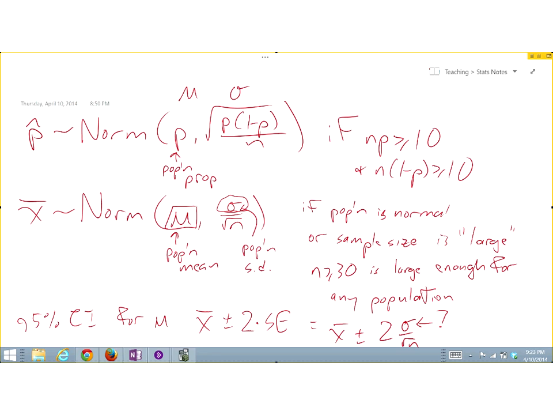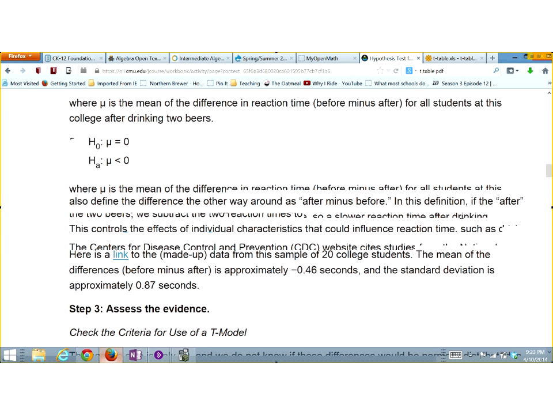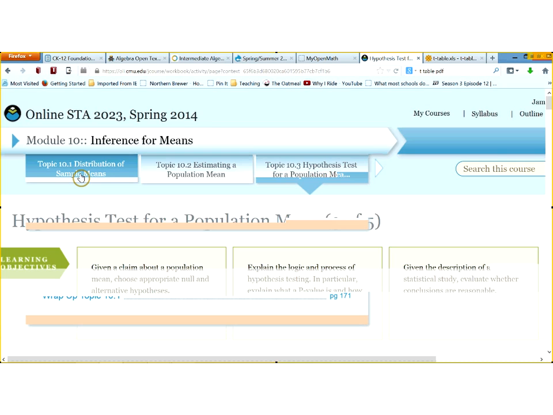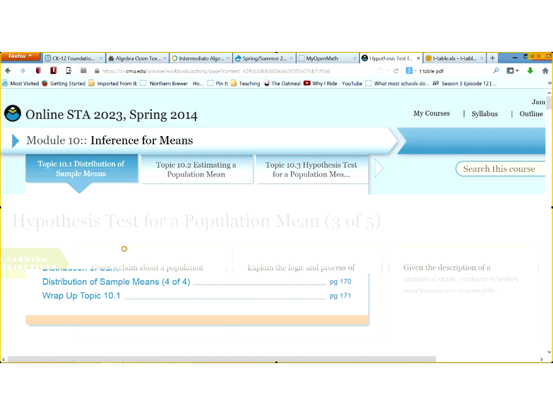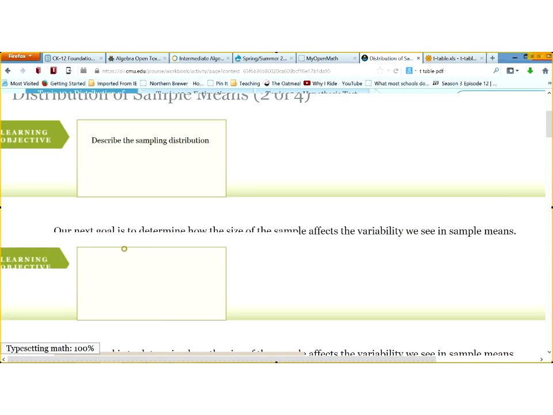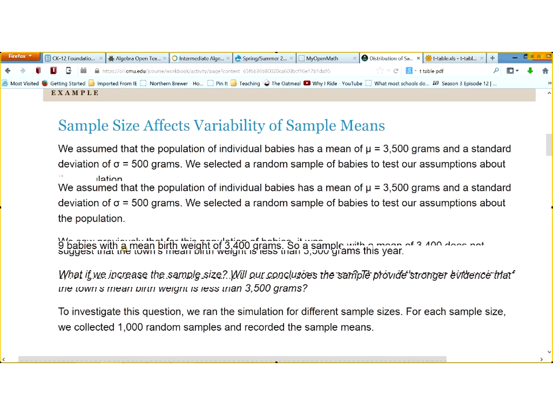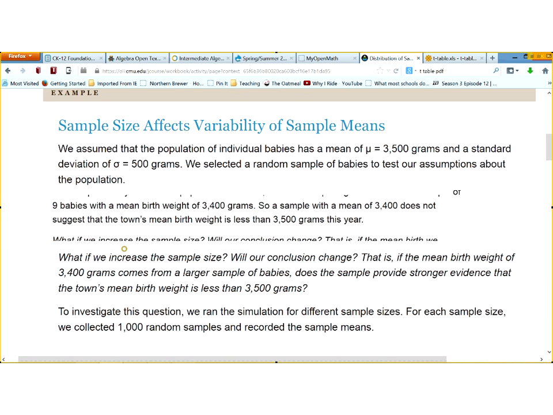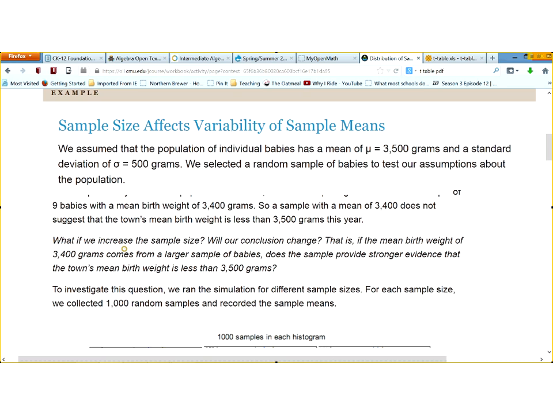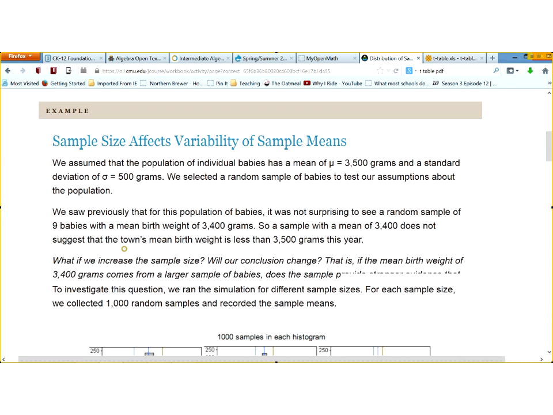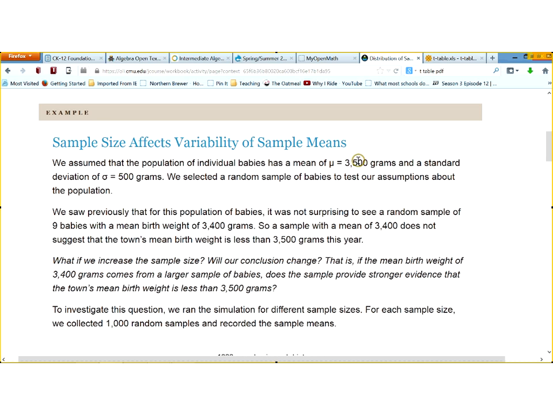Let's see if we can find something similar to that in OLI. Let's try those two. All right. Okay, here we go. So here we have a population of babies with a mean of 3,500 grams, standard deviation of 500 grams.